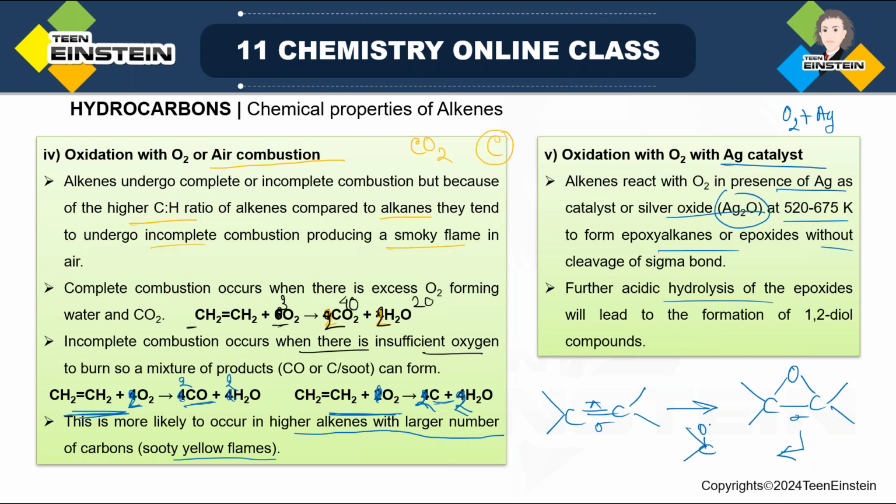Remember, this type of product we have seen when we used cold dilute KMnO4. The same type of product you will get, but you have to do this extra step, which is acidic hydrolysis. This is number 5.